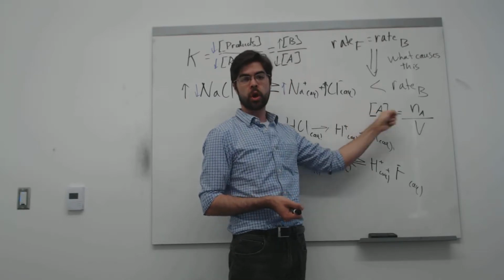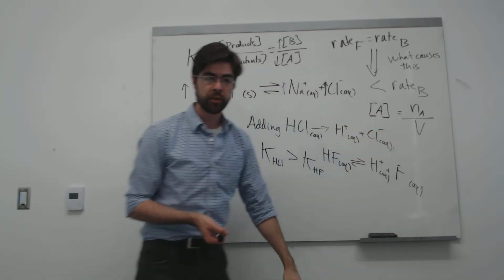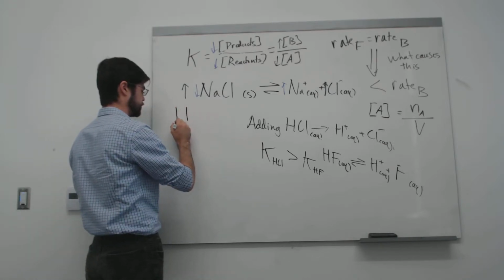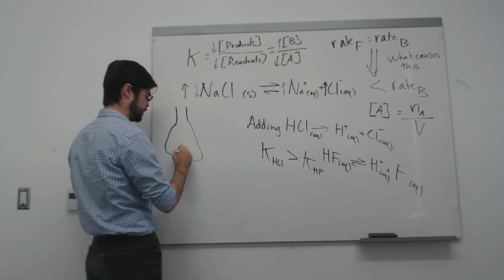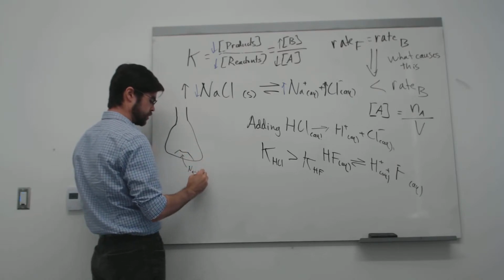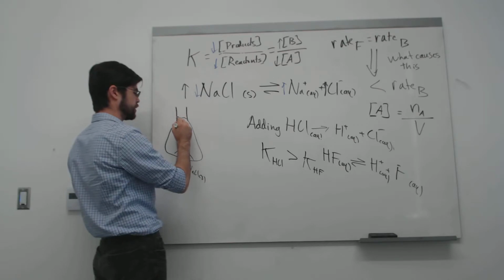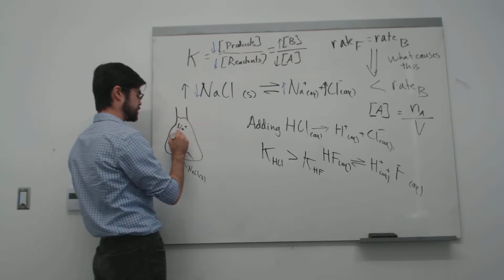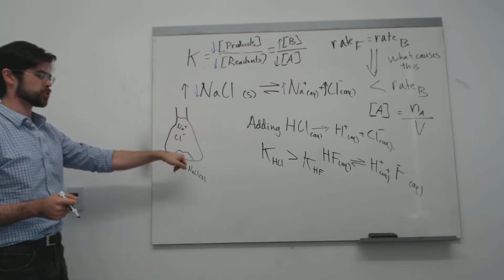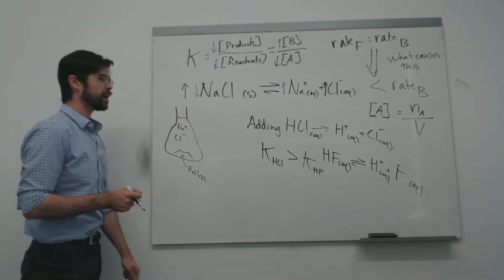But concentration also depends on volume. So in this sodium chloride system, I had solid sodium chloride, and I had sodium plus and chloride minus hanging out in the solution. This was the solution, this was a solid here.